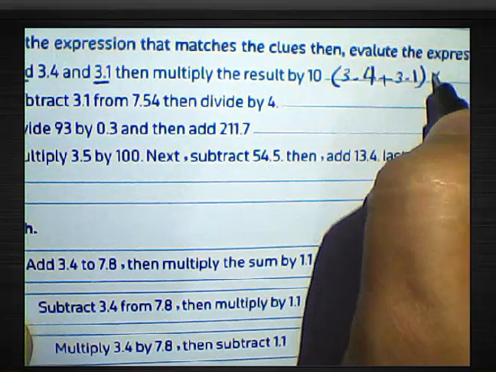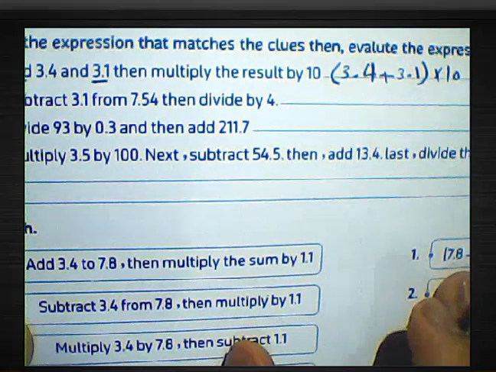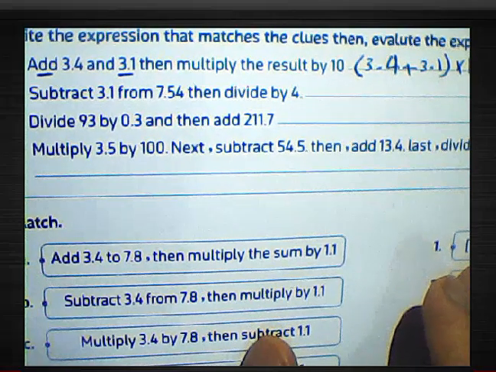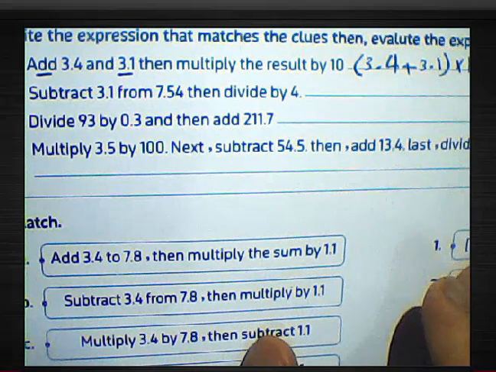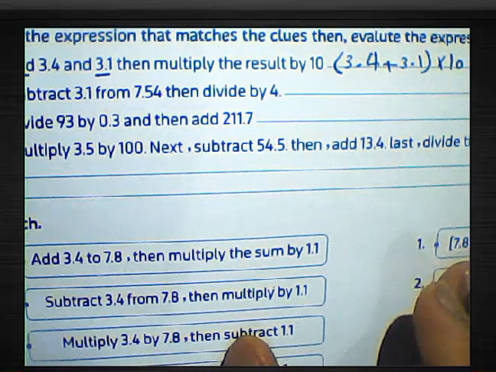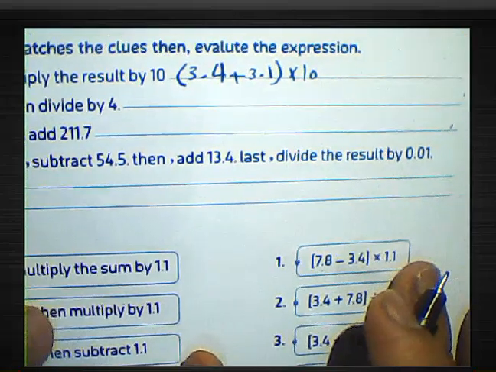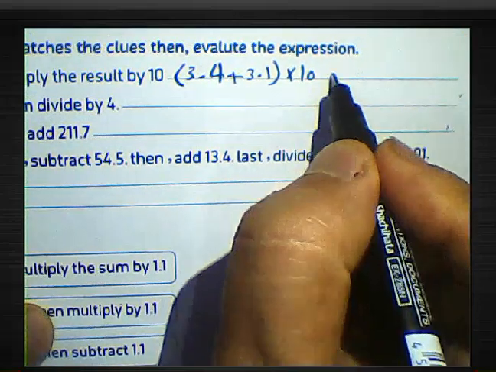Multiply by 10. Okay or not? Again, add 3.4 and 3.1, then multiply the result by 10. So we can find the result of this expression by adding them and then multiplying by 10.